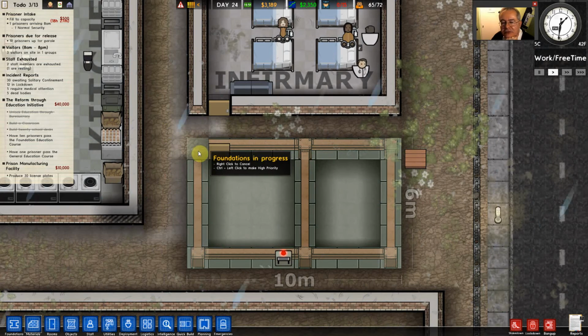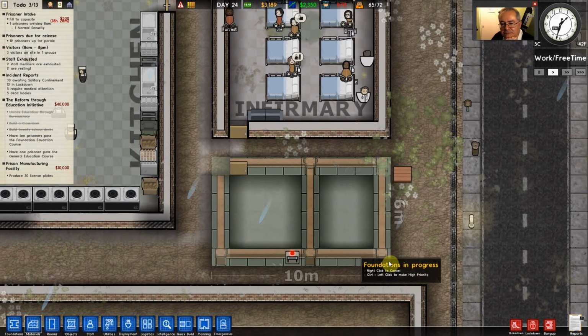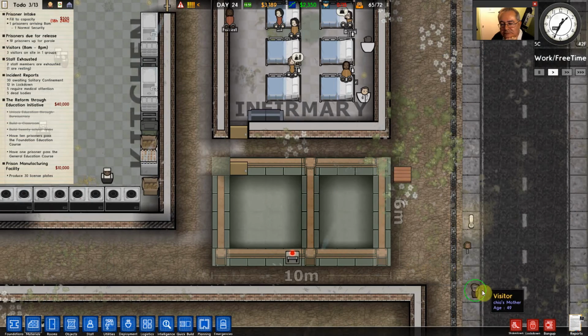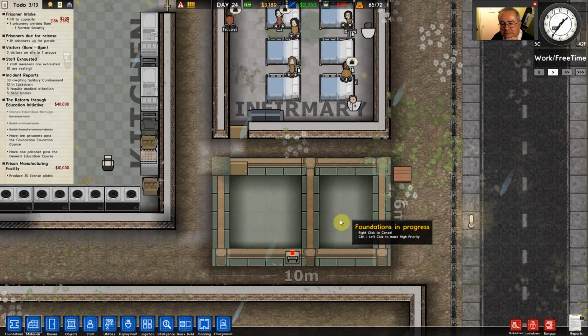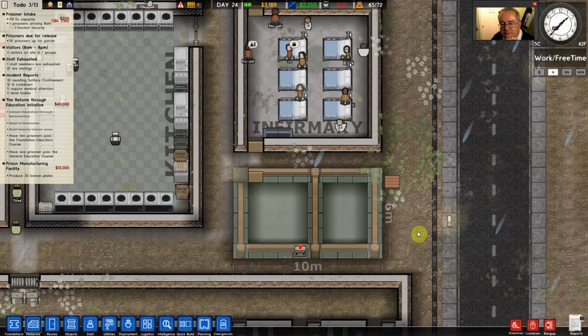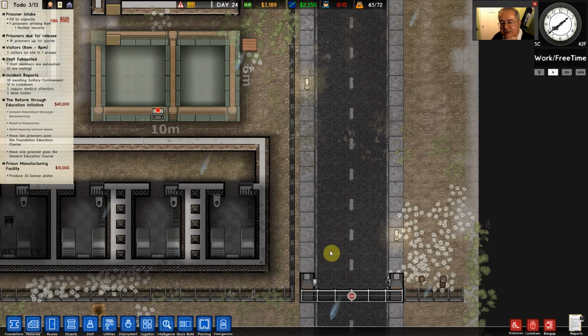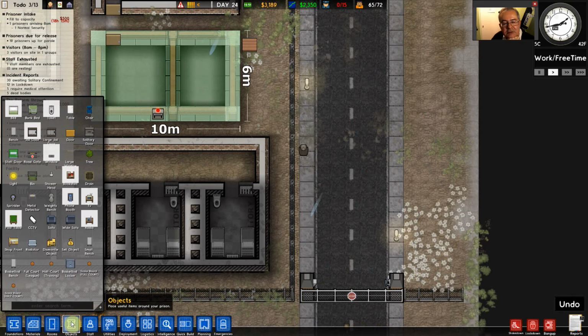Hello, what about this last corner? I was going to put road sensors in here to speed the removal of vehicles and stuff. I don't know if it's that crucial, though.